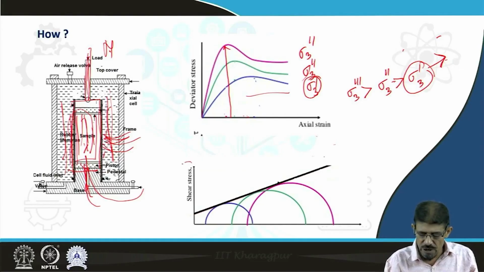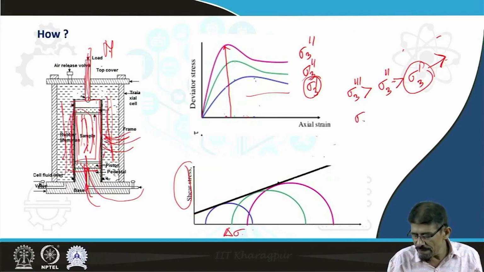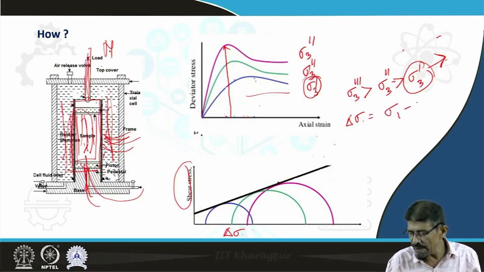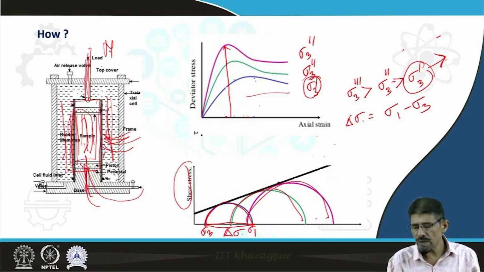For determination of the shear stress, we utilize the difference delta sigma. This delta sigma is simply sigma 1 minus sigma 3. In this way, taking this as the diameter, we draw circles by changing different sigma 1 and sigma 3, and we draw the line.